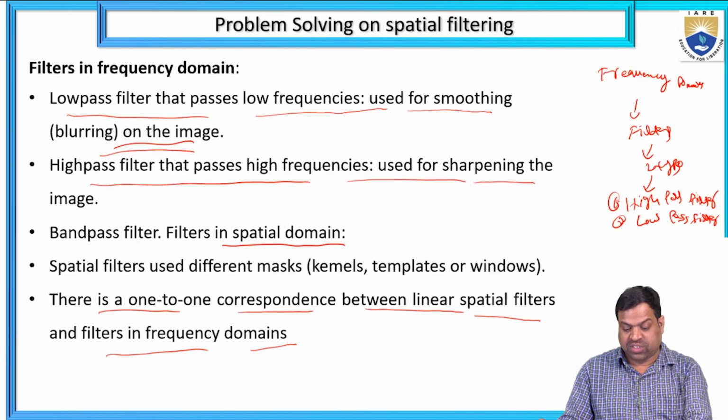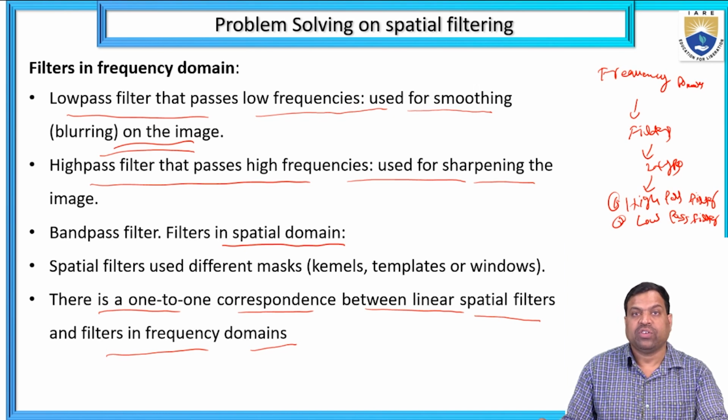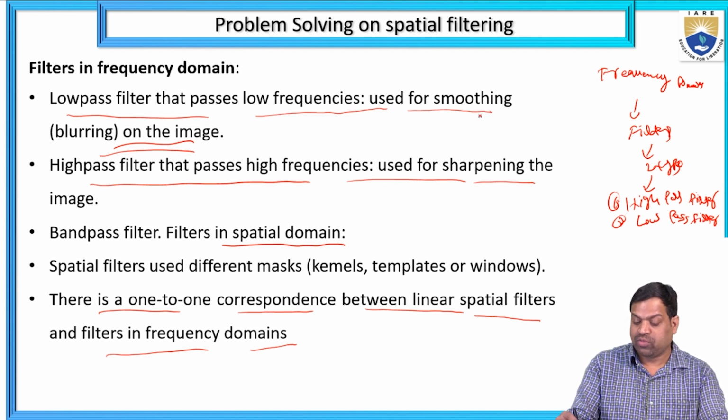In spatial filters, as in the filterings in the frequency domain, low pass filters and high pass filters are there. Low pass filters are for smoothing or blurring the information.